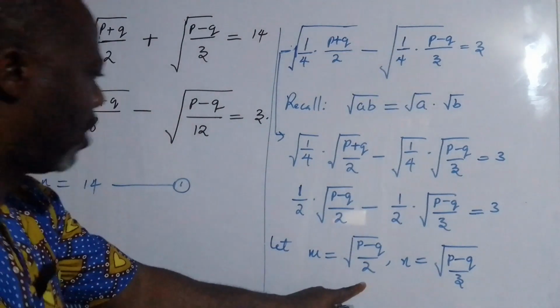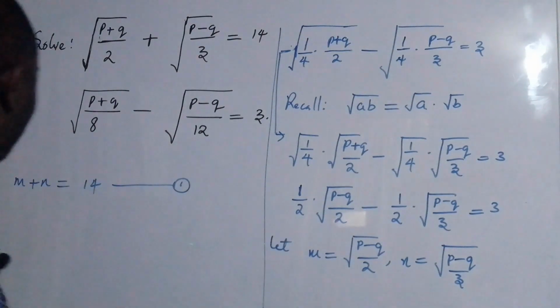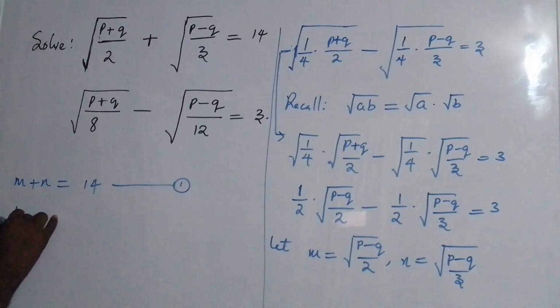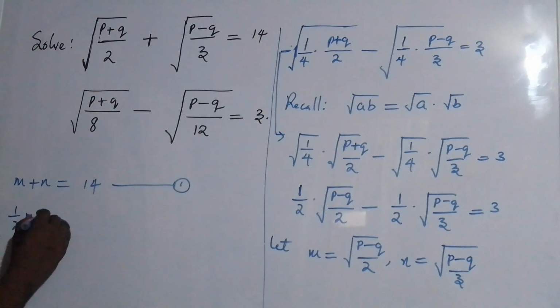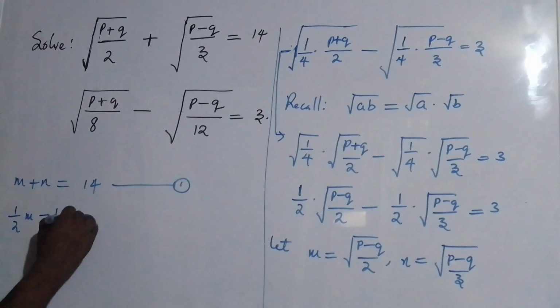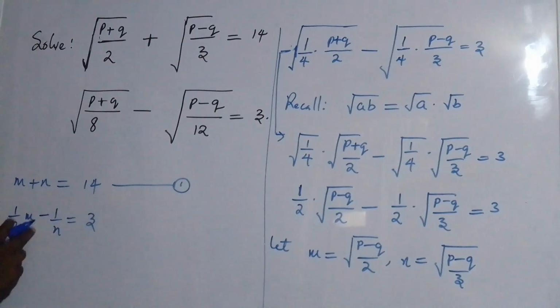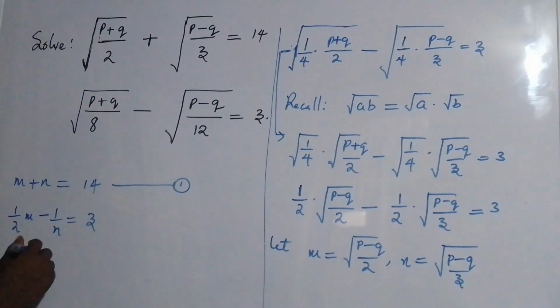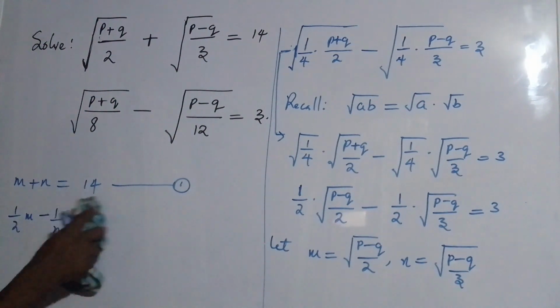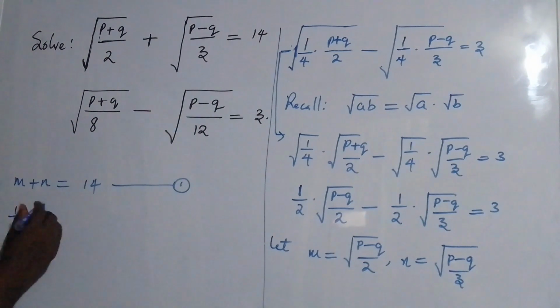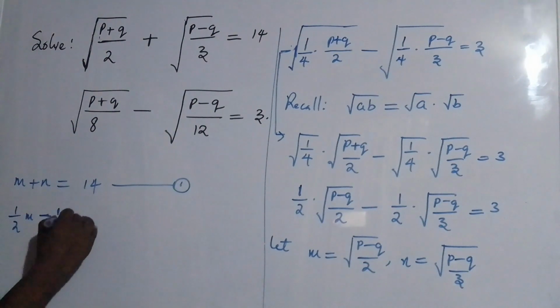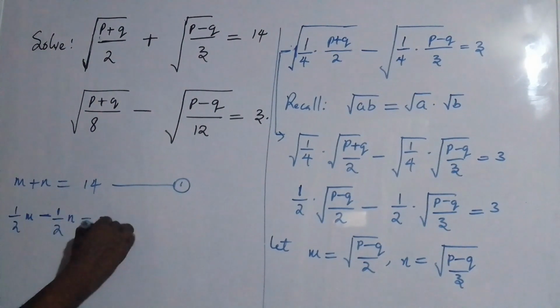And then the second equation will now be half m minus half n equals 3. So from equation 2 now, I think I need to rewrite this: half m minus half n equals 3.